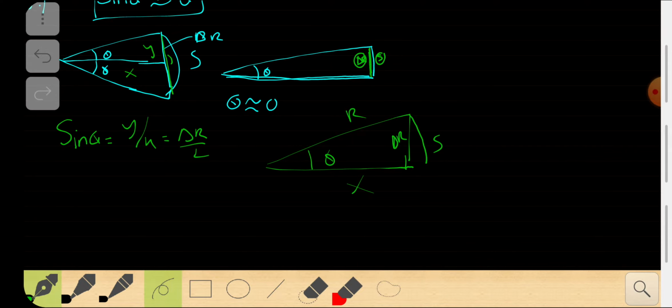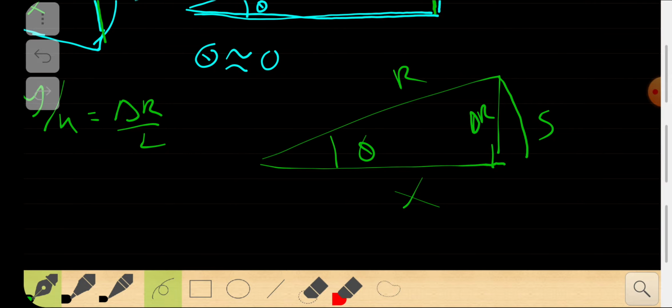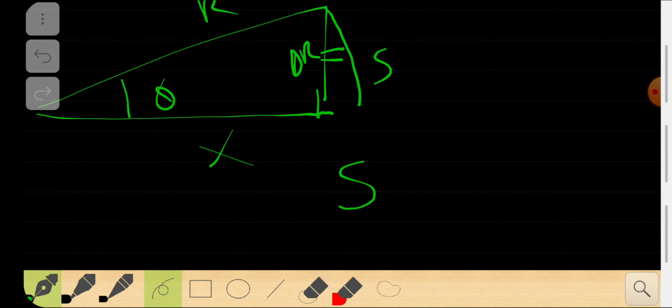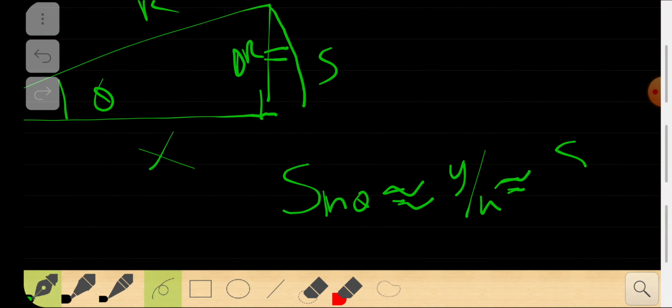Some y by x, so it must be equal to s by r. Delta r will be equal to s when it is smaller, so sine theta will be approximately equal to y by x, which is approximately equal to s by r, right?